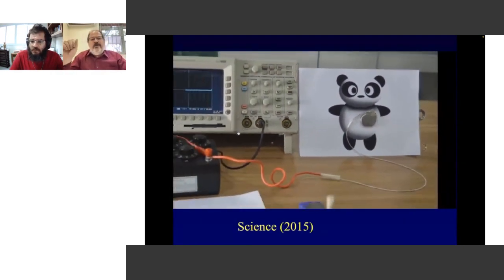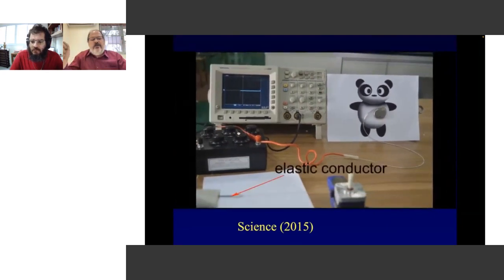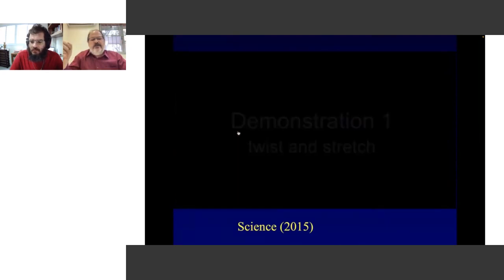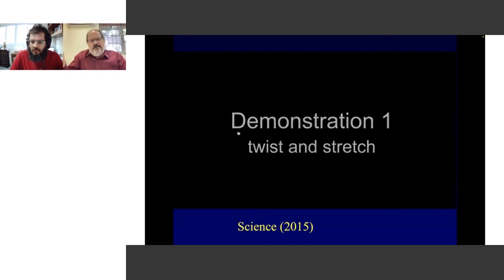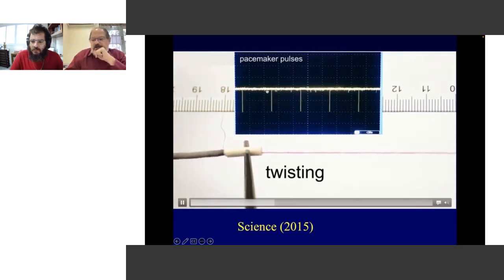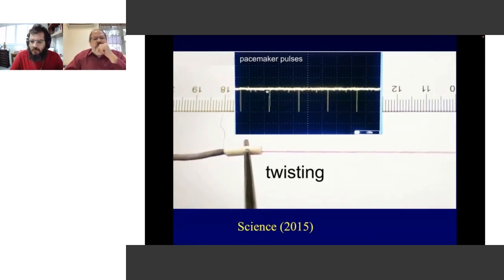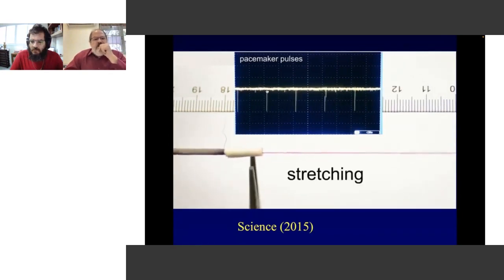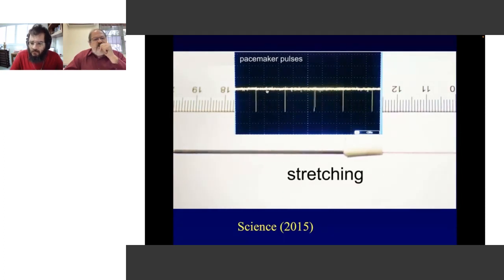So now I have this material that was wrapped around a simple elastomer, and now I look at what happens to the conductivity when I twist it. You see here, nothing changed. Nothing changed. I can stretch it. Nothing changed.